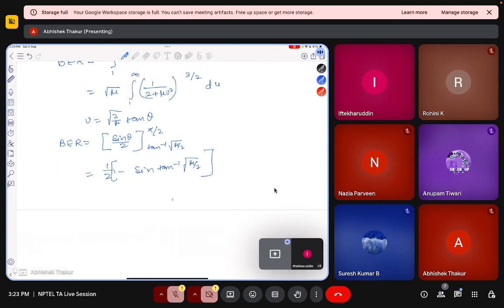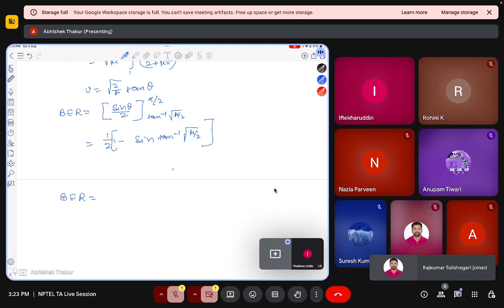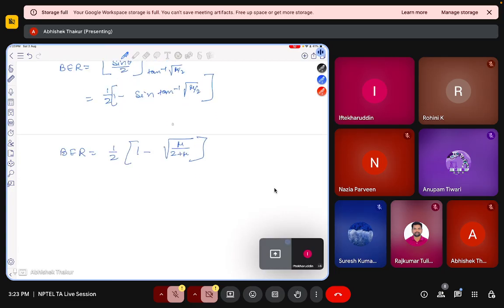Also this is explained in the class. So after this, when we substitute the value of sine tan inverse mu by 2, we will get finally bit error rate as half 1 minus square root of mu by 2 plus mu, and this mu is our SNR.